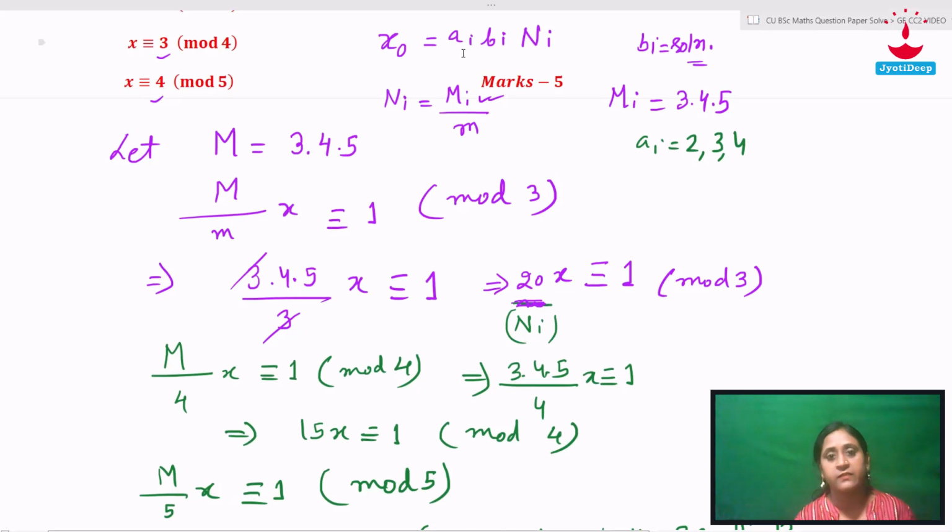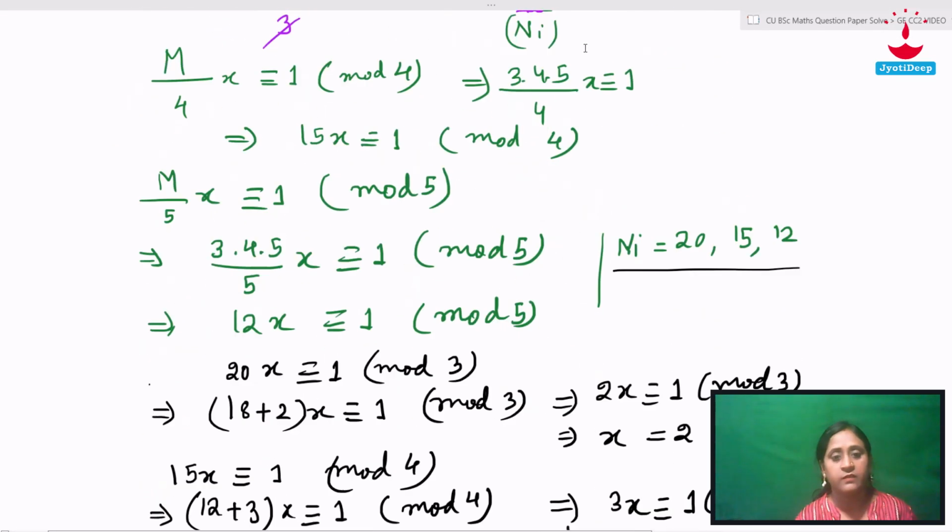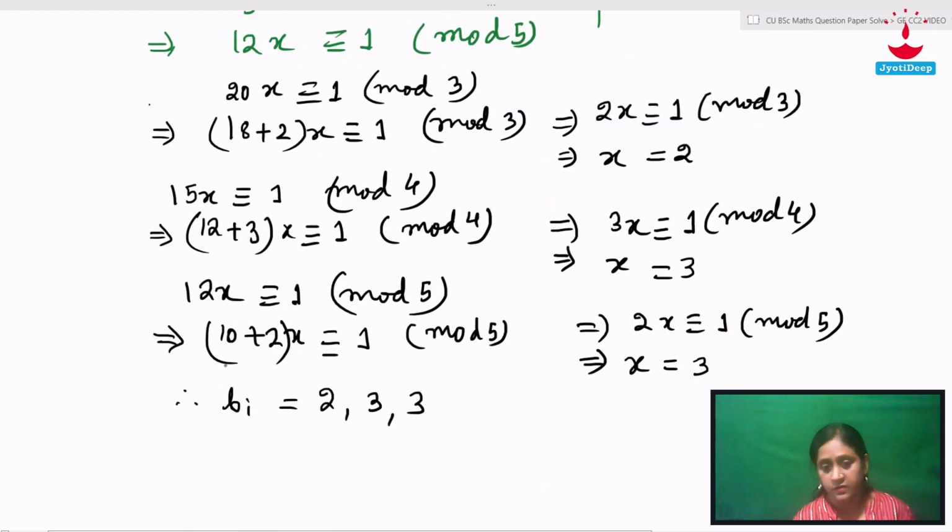x0 is equal to the sum of ai, bi, ni. How will we write it?